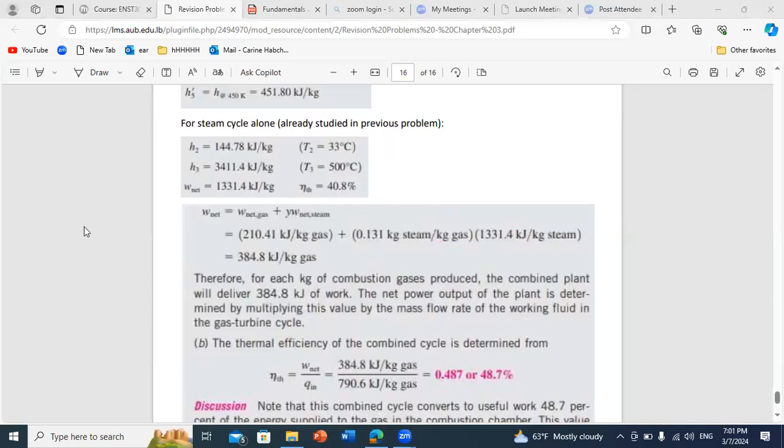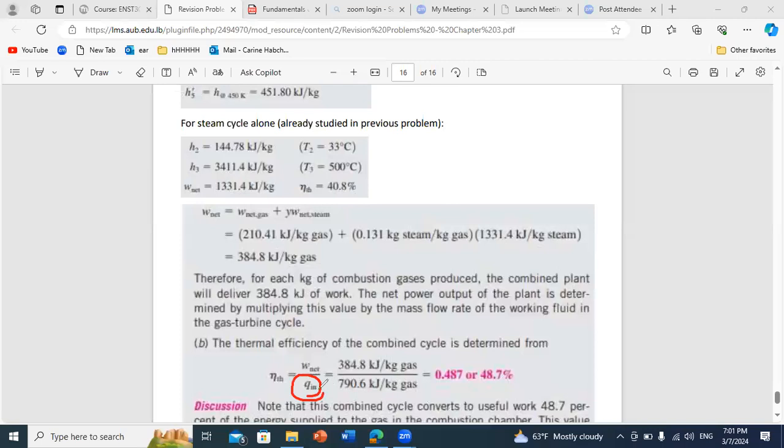Okay, that's why in Qn you just consider Qn of your gas cycle, because we consider that exhaust gases are waste heat. So if we benefit from them, it's a free source. We don't have to pay for it.